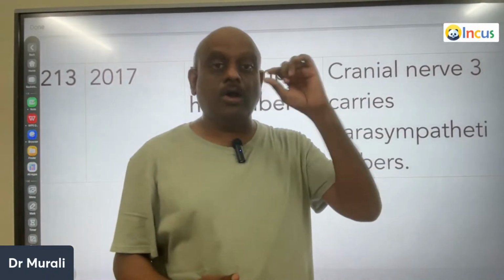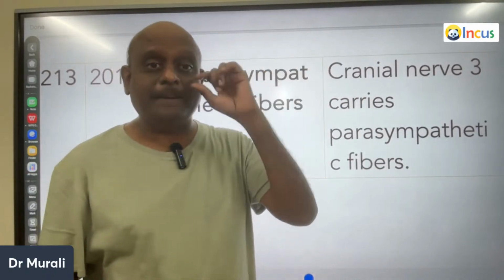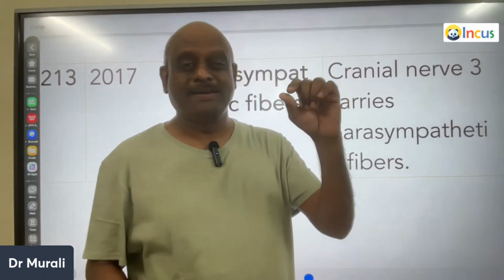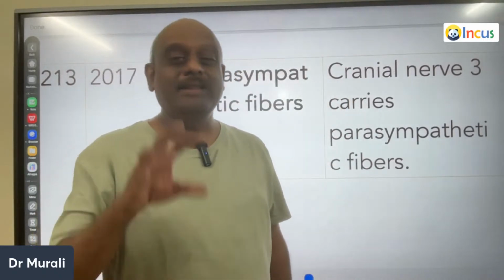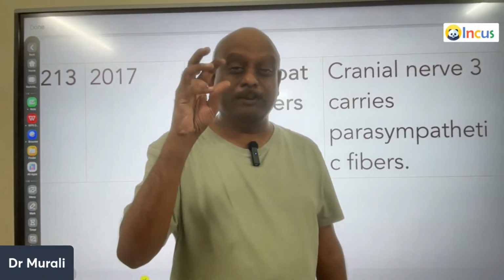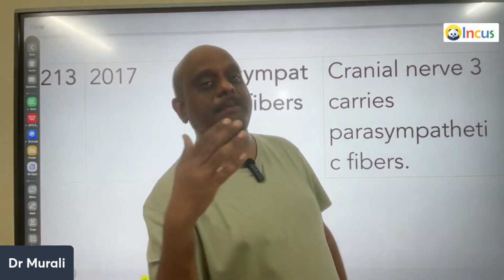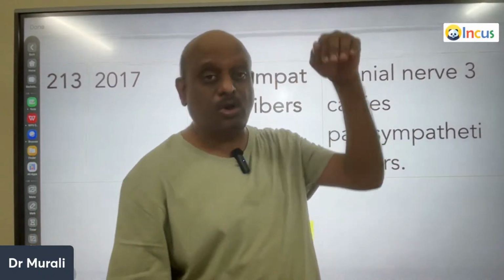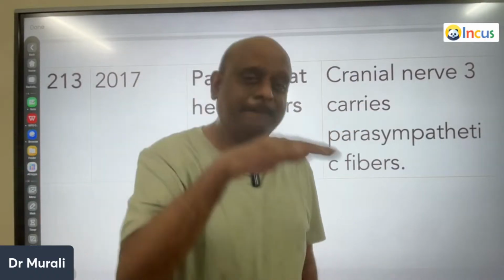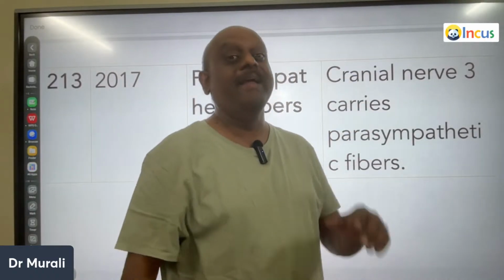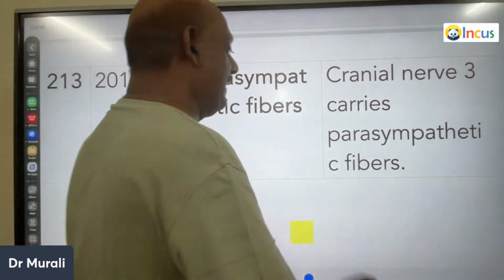Similarly, cranial nerve 3, the oculomotor nerve, carries the parasympathetic fibers, which typically supply the sphincter pupillae. So pupillary constriction is due to the parasympathetic innervation carried by the oculomotor, relayed at the ciliary ganglion, supplying the sphincter pupillae, is what you need to basically remember.